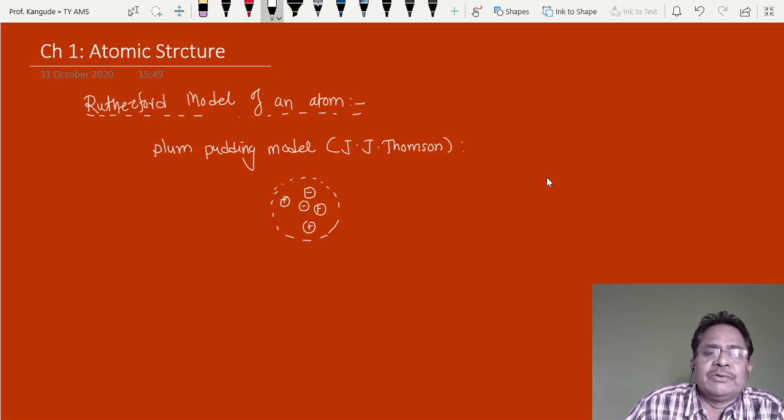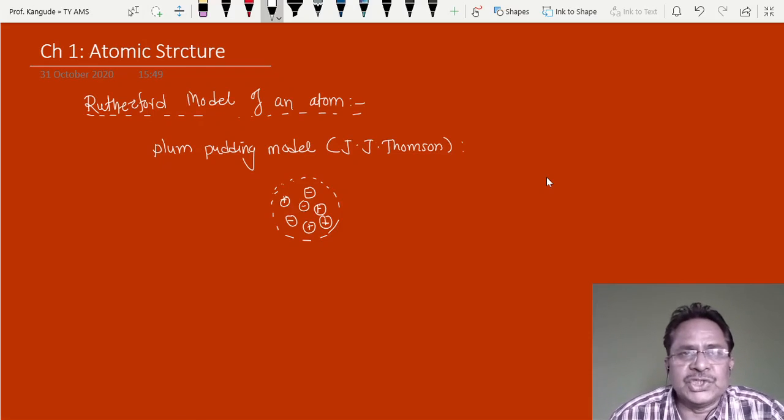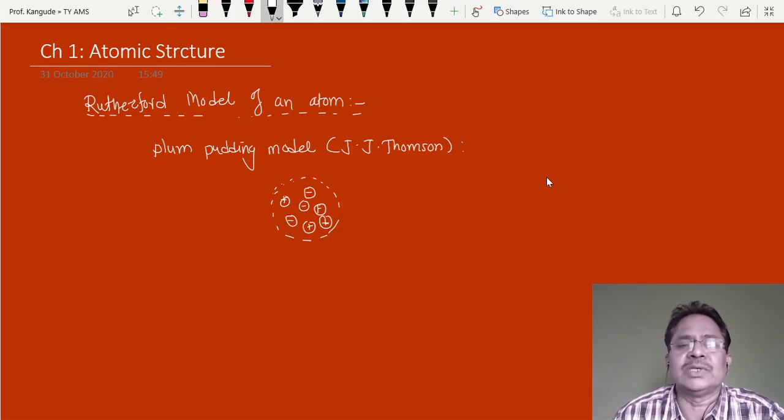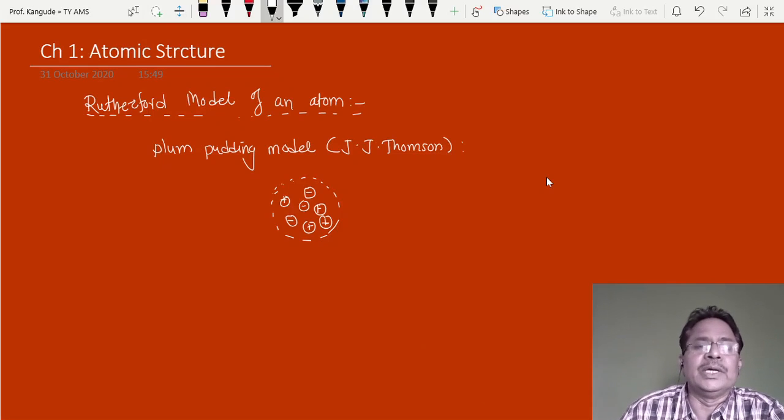The same number of positive and negative charges are embedded there, like a cake in which cherries or some fruit pieces have been added. That is called the plum pudding model. That model was thought of by J.J.